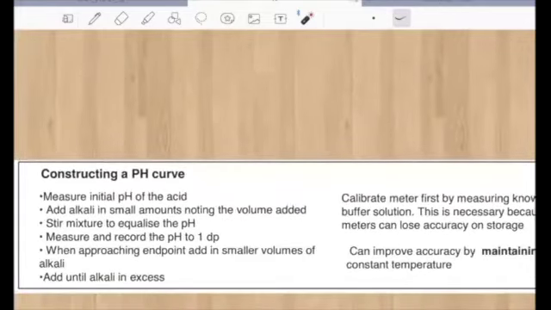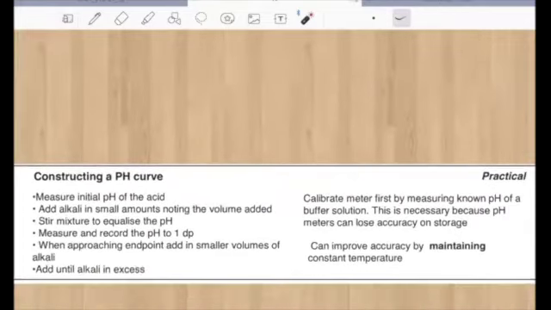Constructing a pH curve, you need to measure the initial pH of the acid. Well, it does not necessarily have to be acid inside the conical flask. It can be a base. And then you would add the solution in the burette in small amounts, and then you would record the pH to 1 decimal place.